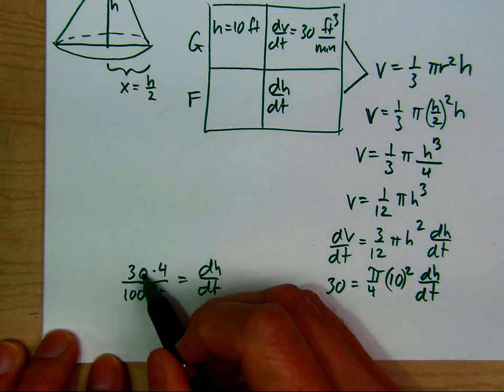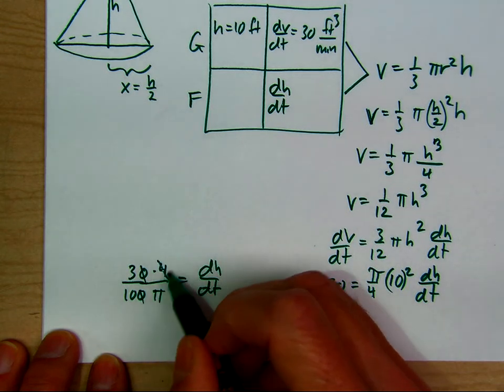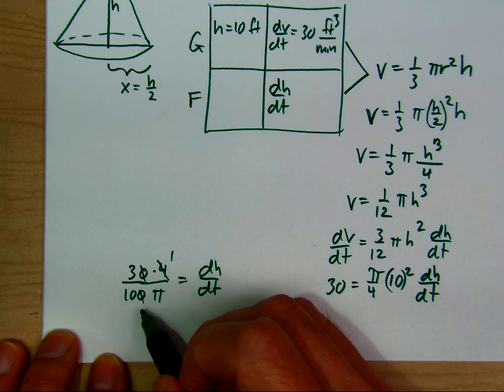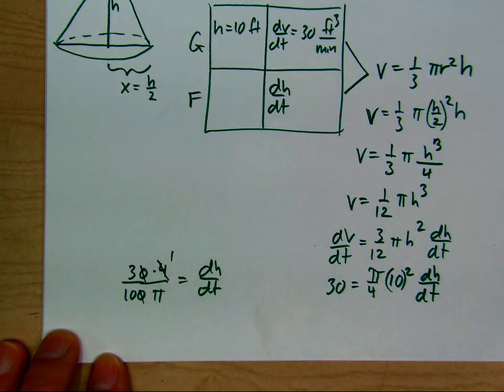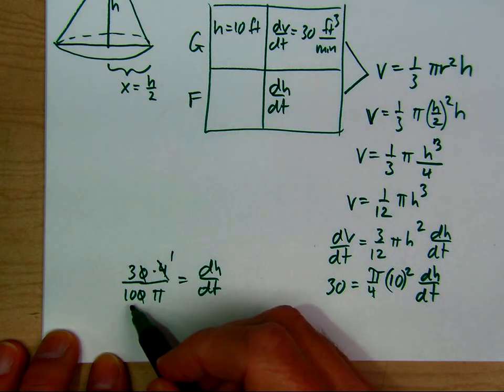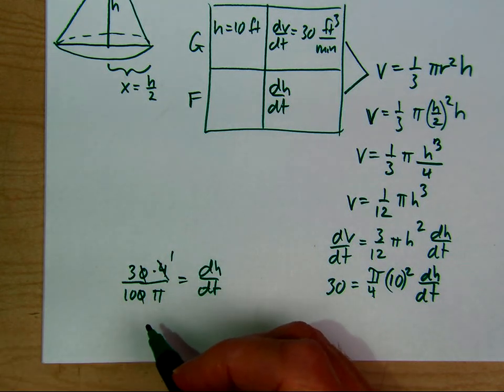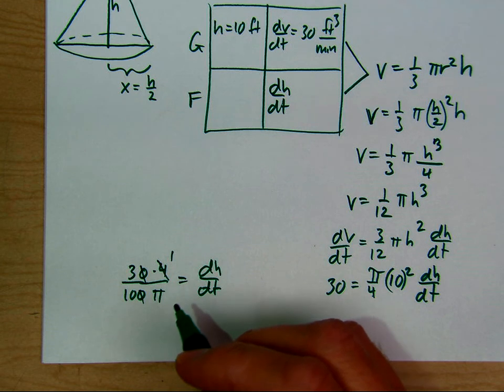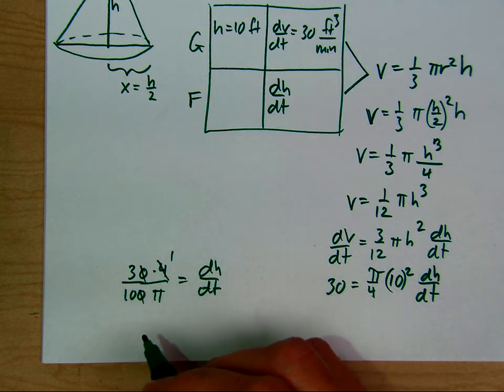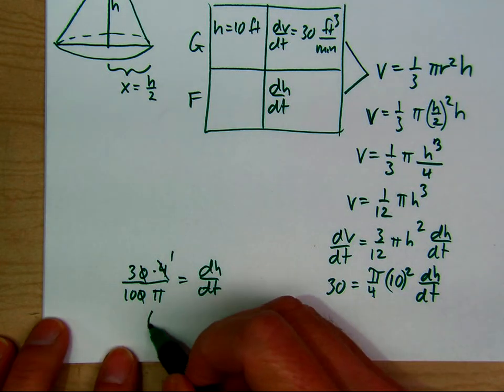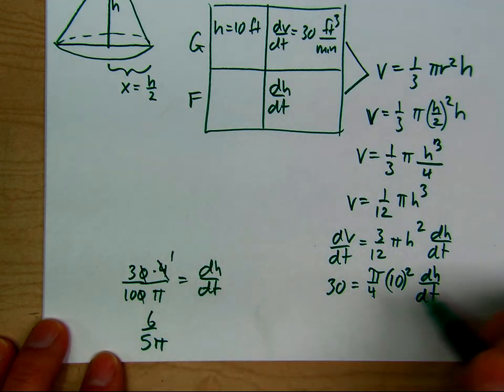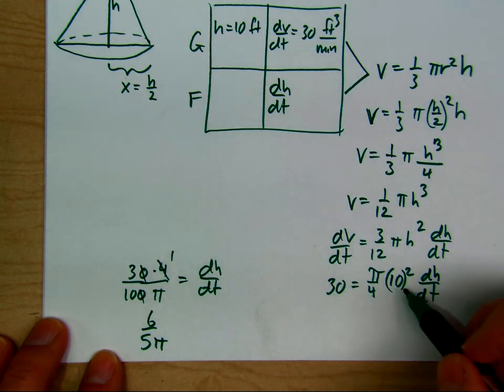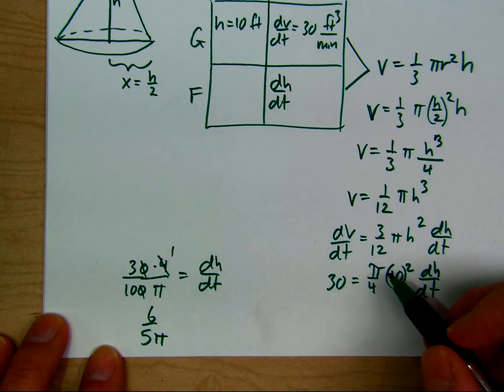And we can reduce. Okay. 6 over 5 pi is the right answer, and I don't know why I'm not getting that. 30 over 100, 4 over pi, 120.